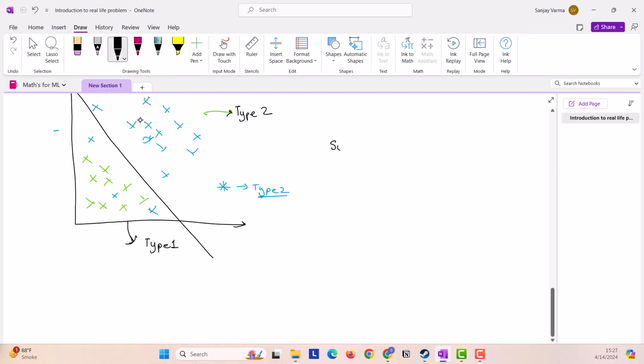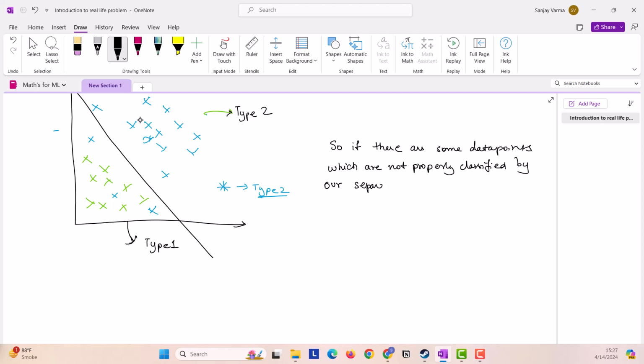So if there are some data points which are not properly classified by our separator, we call this misclassification.